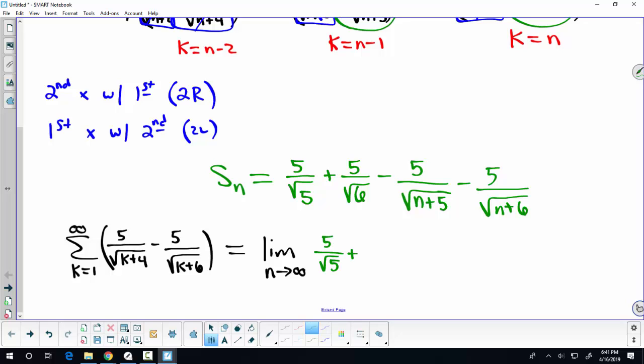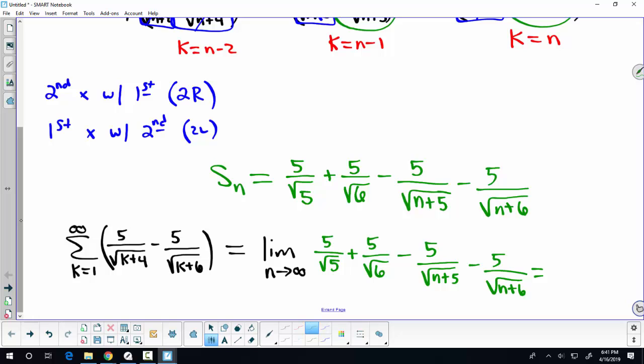You don't necessarily need to write all of this stuff down. Just trying to remind us what we're actually doing. Okay. So we see that as n goes to infinity, these last two terms approach 0.